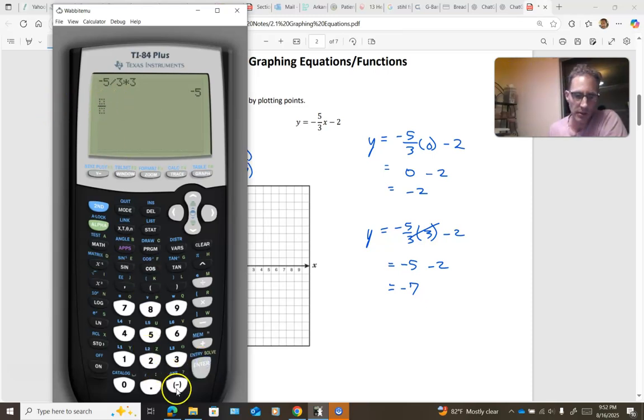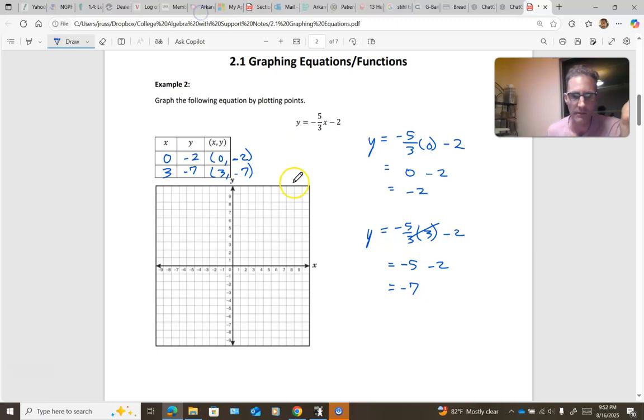Inside this template, you can type in negative 5 over 3, and then multiply that by 3, hit enter, and you'll get negative 5. The nice thing about using the template, guys, is if the result is ever a fraction, the first method would convert it to a decimal, and then you'd have to turn it back into a fraction. But when you use the template, it will give you the answer as a fraction.